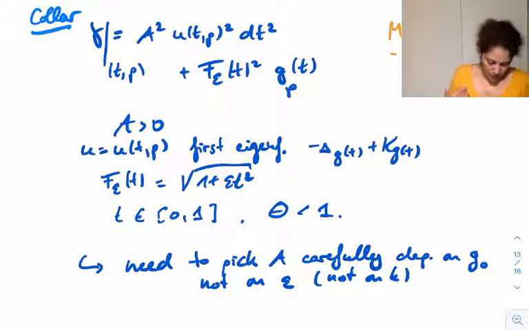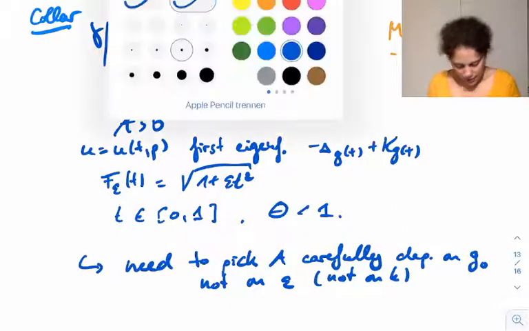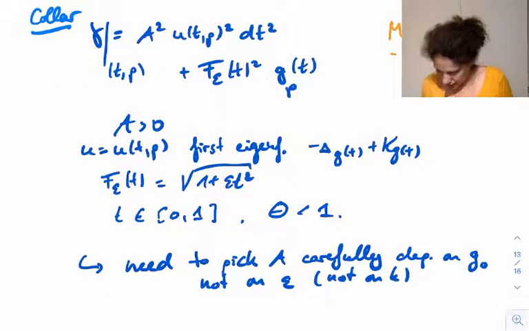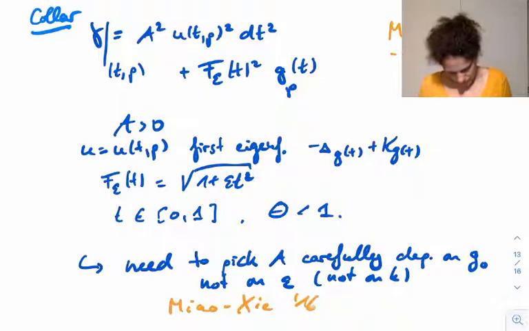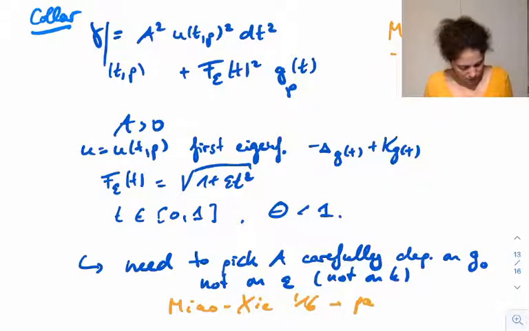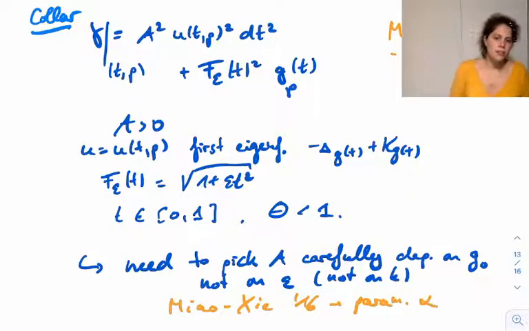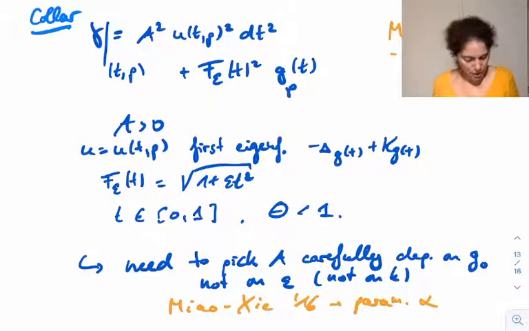This relies on ideas in the paper by Miao and Xie from '16, where they introduce a parameter alpha, and we use this parameter alpha to construct the A that we need explicitly in terms of this parameter alpha, which in turn is a parameter depending on the g_0. Okay, that's for the collar.